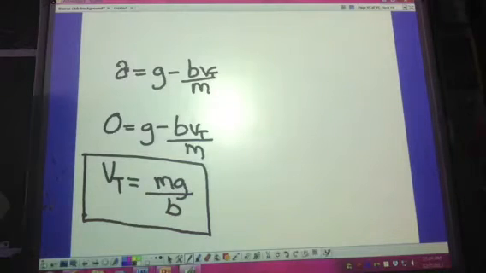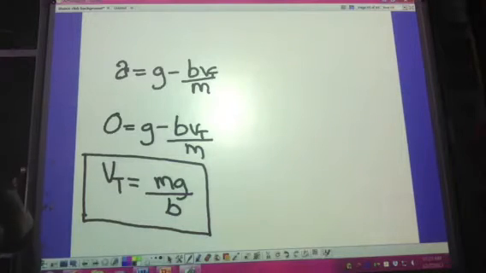Now, let's say that we want to know about a speed before we've ever reached terminal speed. How would we do that? Using lots of differential equations, we could find a formula to find a speed at any time during the motion with this resistive force.